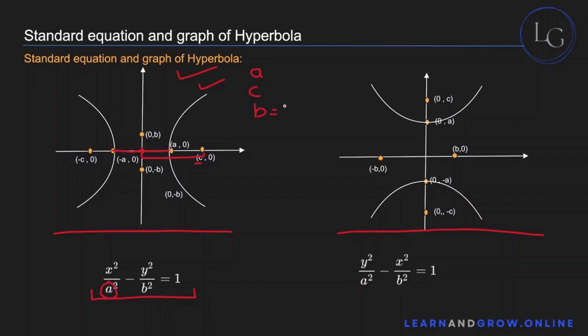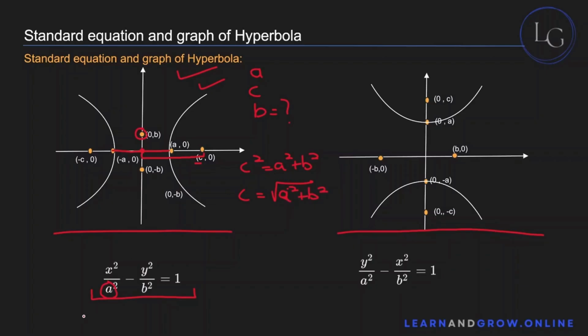What is B? Well, here's the thing. B will lie on this axis, right? And this is B. Basically, you have a formula. C square is equal to A square plus B square. So C is equal to under root A square plus B square.